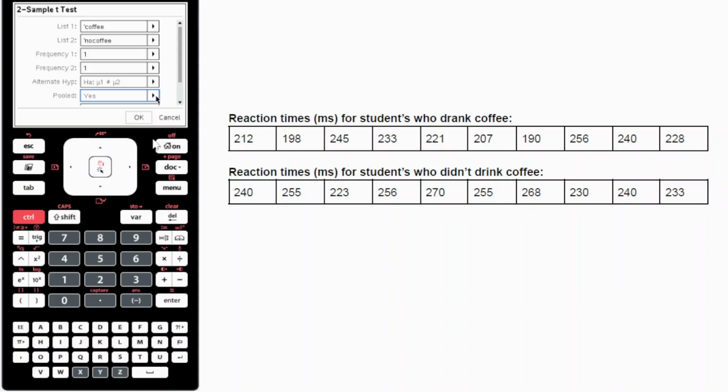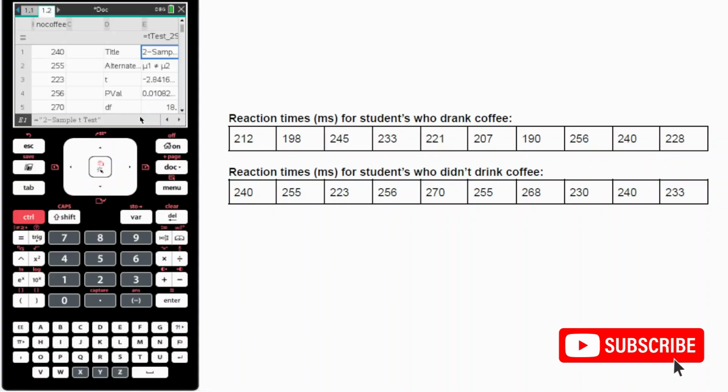Briefly mentioning what it means: we assume that the variance for both of those samples is equal, and therefore we choose yes, but that's done every time. Then we press OK, and here is our p-value, what we are looking for, and now we can use the p-value to make the final conclusion.